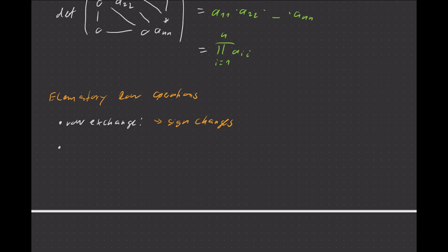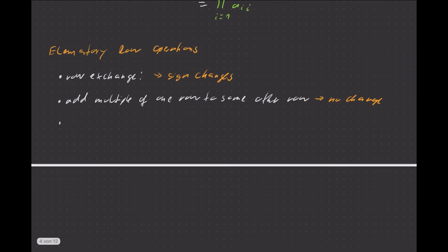We can add a multiple of one row to some other row. If we do this, the determinant does not change at all. And finally, we can multiply a row by some factor lambda.